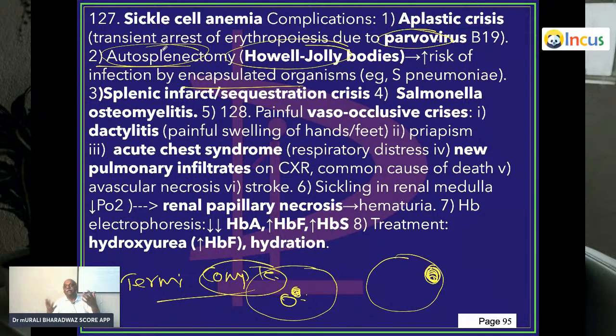But what came? Capsulated organism infections came. That's the reason Streptococcus pneumoniae infections are very high in people with sickle cell anemia. So if you discover a sickle cell anemia patient, what will you give him? Give anti-pneumococcal and anti-meningococcal vaccines early, so that even if the spleen is gone, they will survive.